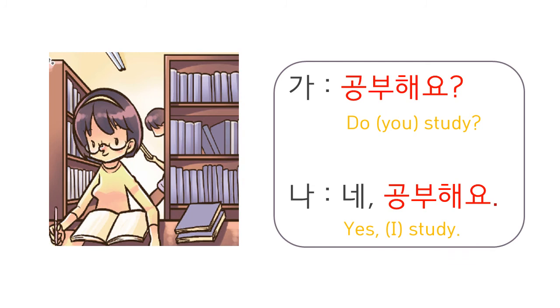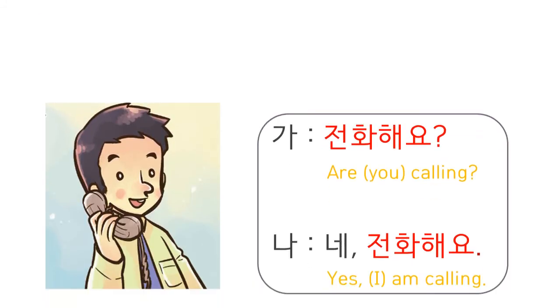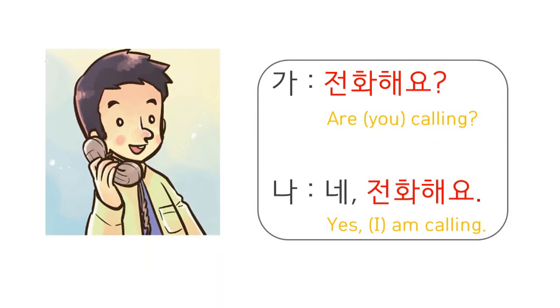So 공부해요 means I'm studying, because you don't really need to put the subject if it's obvious that it's you who is the one who is studying. But if you want to make it a question, you just need to inflect up at the end of the sentence. 공부해요? 네, 공부해요. 운동해요? 네, 운동해요. 전화해요? 네, 전화해요.